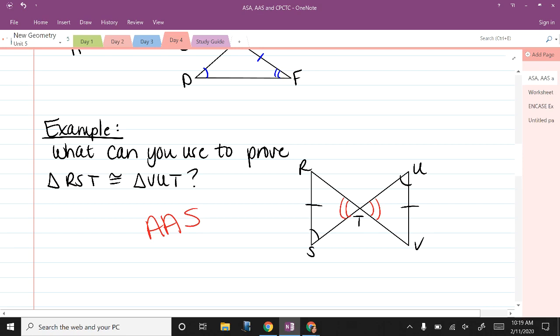So tell me if it's side, side, side, side, angle, side, angle, side, angle, angle, angle, side, hypotenuse, leg, or not congruent. Look for where they share sides. Look for vertical angles.